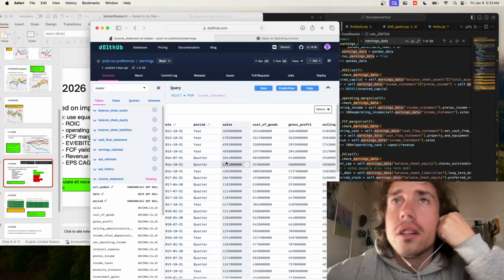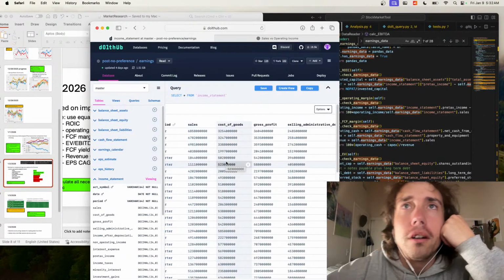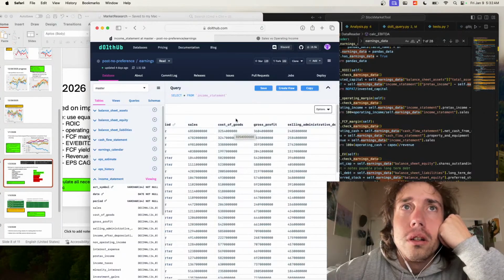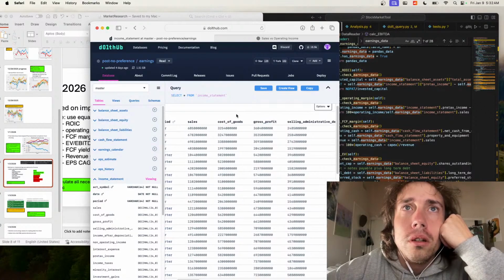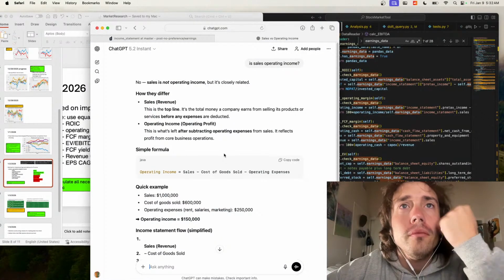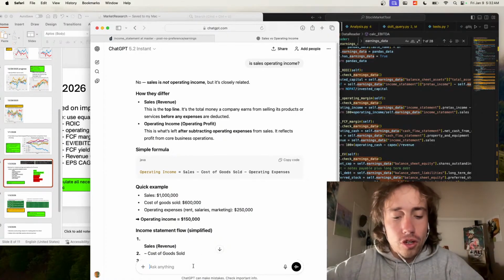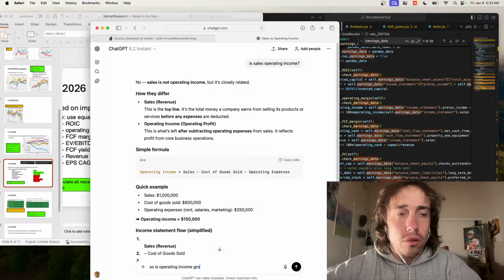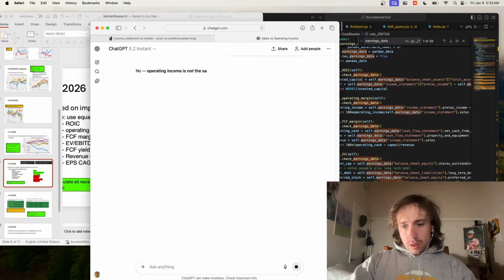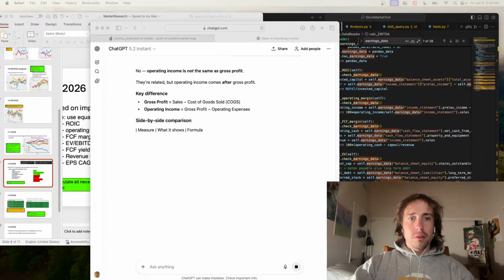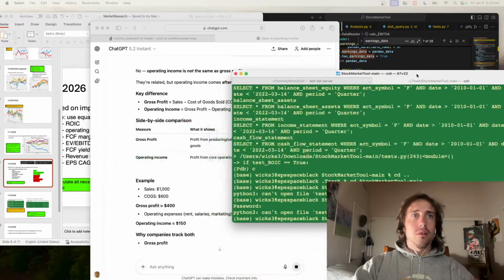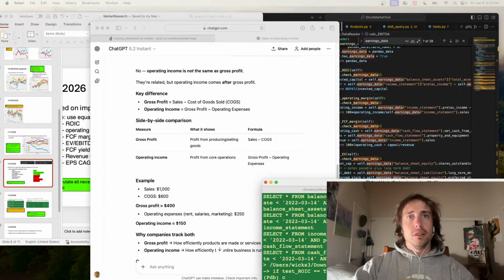So we have this: sales, cost of goods, gross profit. So is operating income gross profit? Gross profit, operating income.